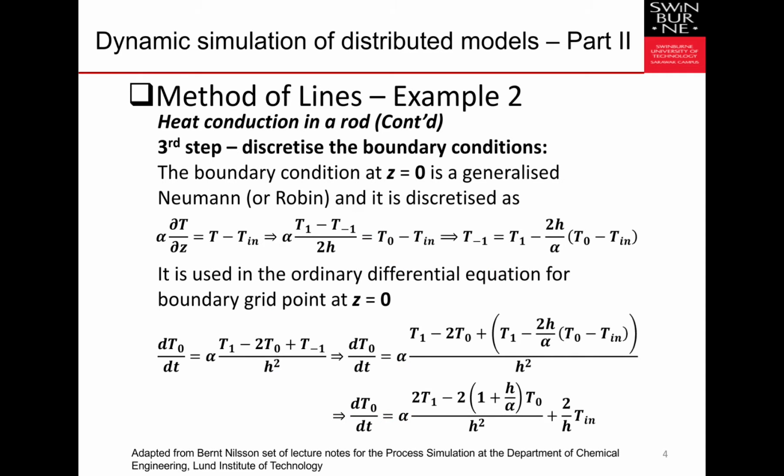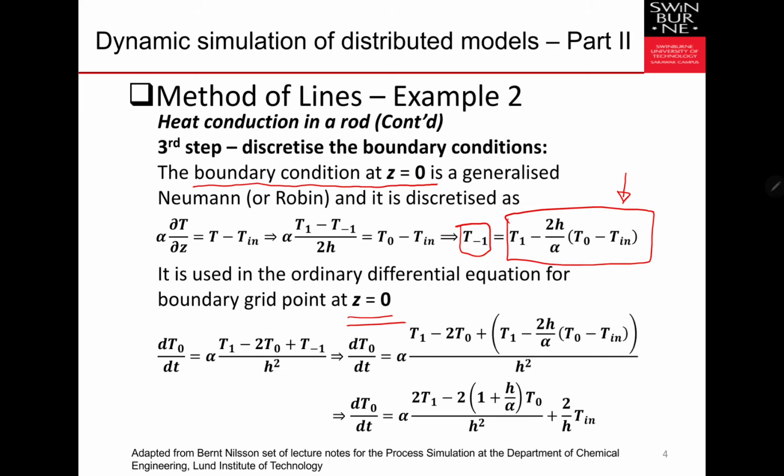And then we discretize the boundary conditions. We use the boundary condition at z equals 0. Then we discretize, and we can express this T minus 1 as this term, at z equal 0.